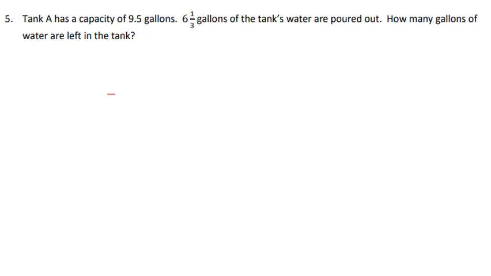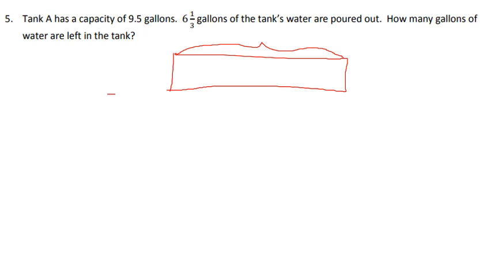Tank A has a capacity of 9.5 gallons. 6 1/3 gallons of the tank's water were poured out. How much of the water is left in the tank? So here is our tape diagram. The total in it was 9.5 gallons.